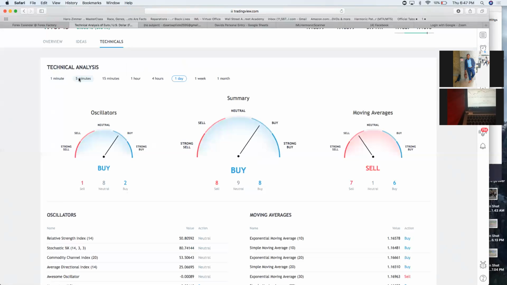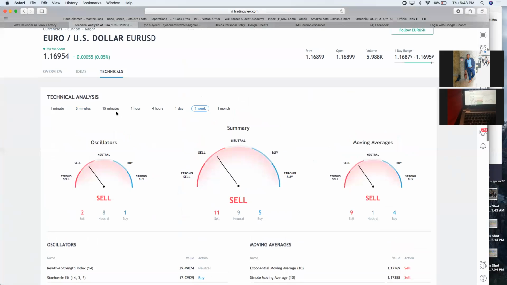You have the opportunity of going for a 5-minute, where you see that it's a strong buy. You have the opportunity of going to 15-minute, it's a buy. 1 hour, it's a buy, and 4 hours, it's a buy. So overall, it's looking like the market is a buy. But on the daily, the moving averages are saying that the market is a sell, and on a weekly time frame, it's saying that the market is a sell, right?